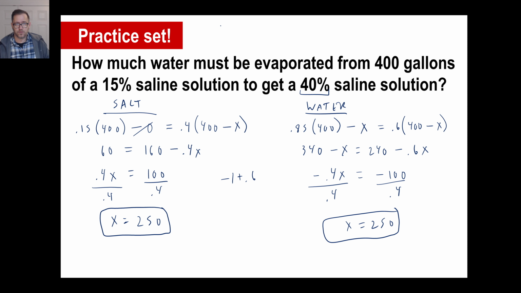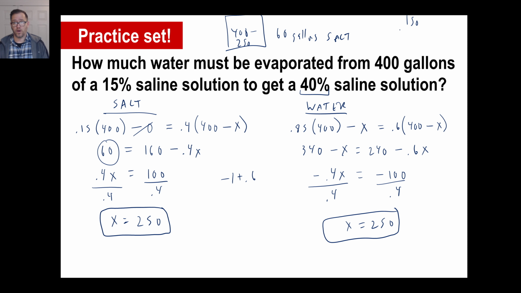Okay, real quickly. You've got 400 gallons to start off with, right? 15% of that is salt. We already figured that that's going to be 60 gallons, right? So in other words, you have 60 gallons of salt. If you evaporate 250 gallons from 400, that means you have 400 minus 250, or 150 left, right?